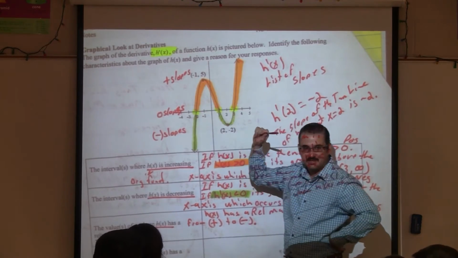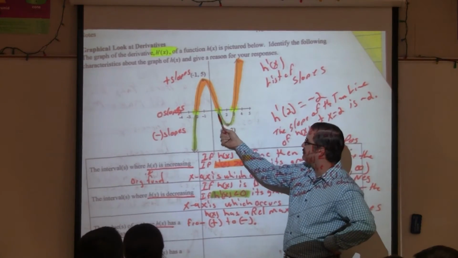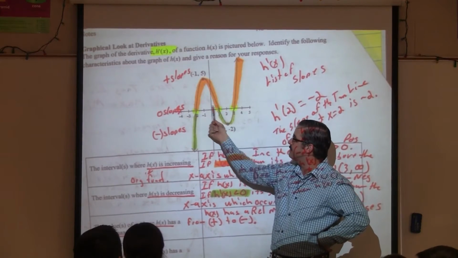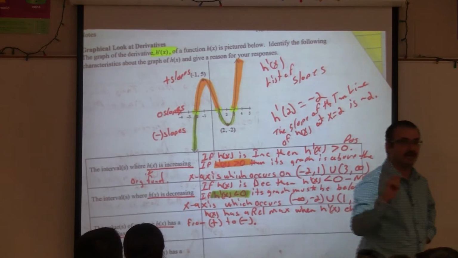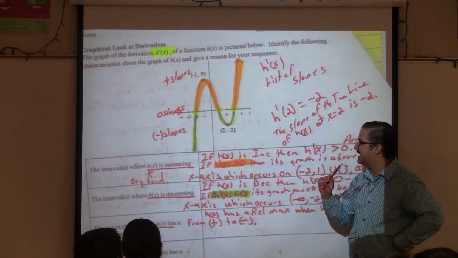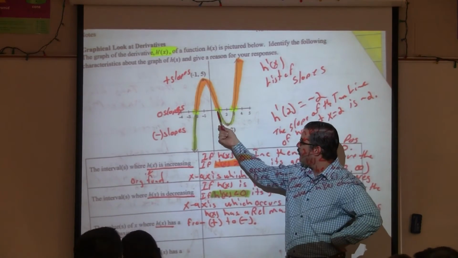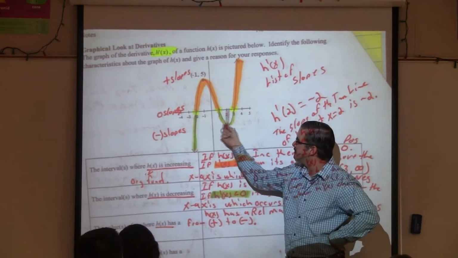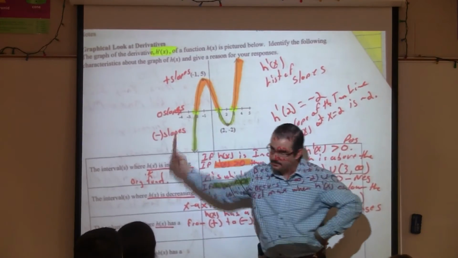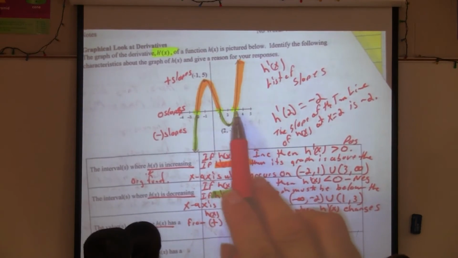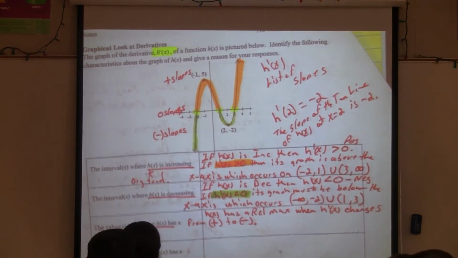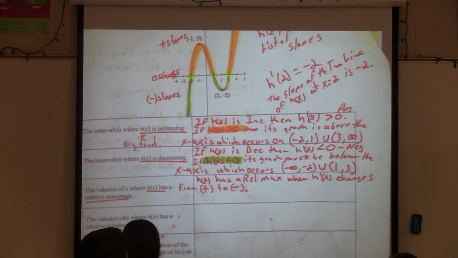At 1, here is where it's changing from a positive number to a negative number. So that means I have a max at 1. You told me that's where my maxes would be, where my slopes were 0, so it has to be at one of these yellow points. In order to determine that, I have to check what's happening around it.